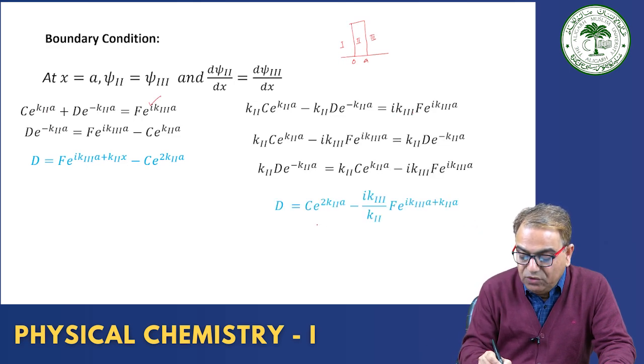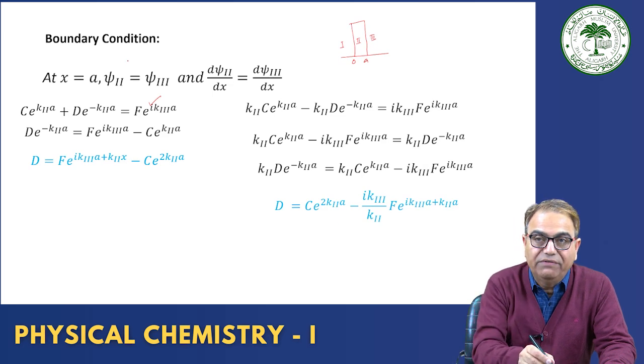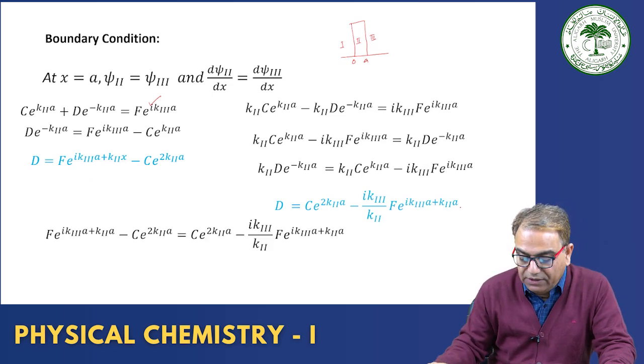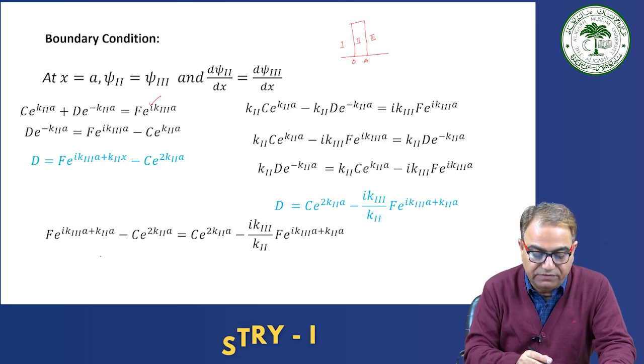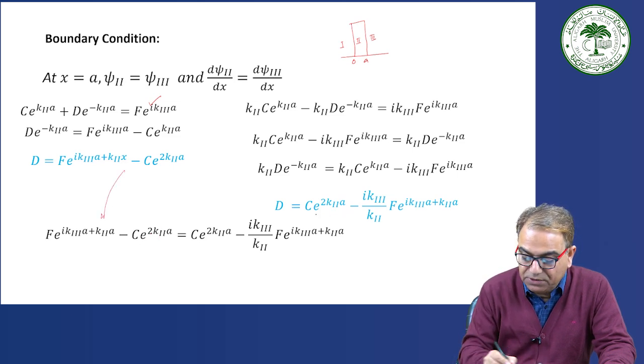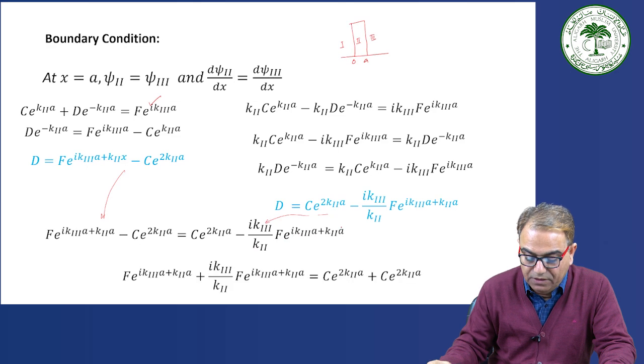So you have a D value from the differential term and you have a D value from psi 2 is equal to psi 3. You can equate both these terms, and if you equate both these terms, what you get is this one: F exponential i k3a plus k2a minus C exponential 2k2a. So this you get from here, and this you get from here: C exponential 2k2a minus i k3 by k2 F exponential i k3a plus k2a. Okay. And now you rearrange this one.